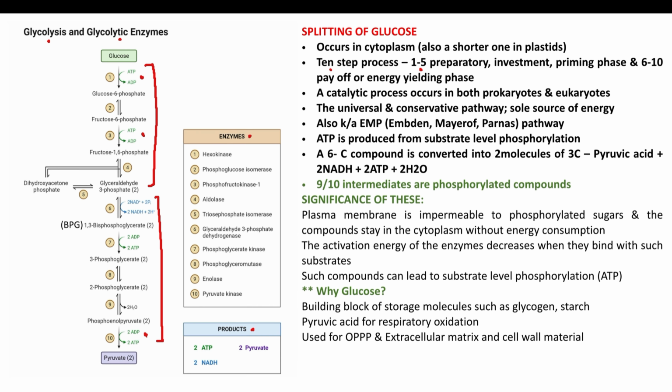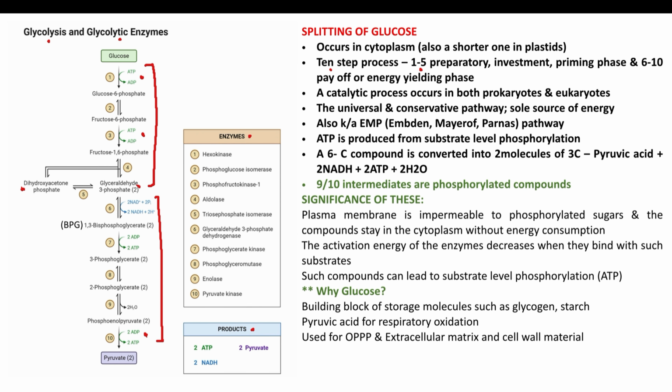So these 5 steps move from one intermediate to another, and you have the formation of glyceraldehyde 3-phosphate or dihydroxyacetone phosphate. Mind you, it is important to know that by this step, the 6-carbon compound has already broken down into 3-carbon compounds.